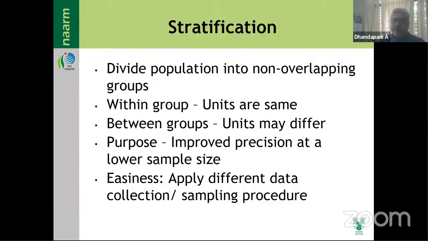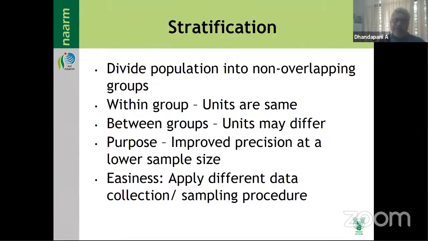The purpose is to increase your precision at a lower sample size, because once you know that within this stratum the units are more or less homogeneous, you require a lesser sample within that group. So the overall sample size will decrease, but you will be able to increase the precision.